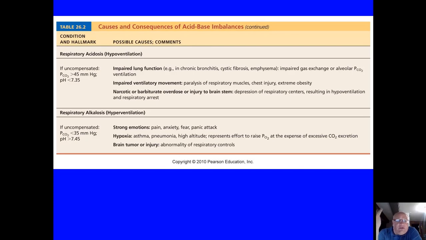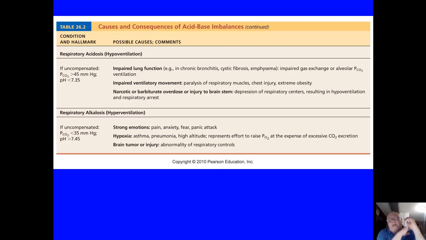Alveolar PCO2 ventilation has been impaired. Impaired ventilation movement is more at the gross anatomical level. What do I mean by that? Paralysis of the respiratory muscles, a chest injury, chest puncture, you end up with a collapsed lung. You can have this also due to extreme obesity. Now, the last cause for respiratory acidosis: narcotic or barbiturate overdose, or injury to the brainstem.